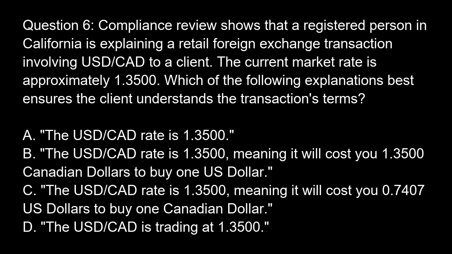Option A. The USD/CAD rate is 3,500. Option B. The USD/CAD rate is 3,500, meaning it will cost you 3,500 Canadian dollars to buy $1. Option C. The USD/CAD rate is 3,500, meaning it will cost you 7,407 dollars to buy $1 Canadian dollar.